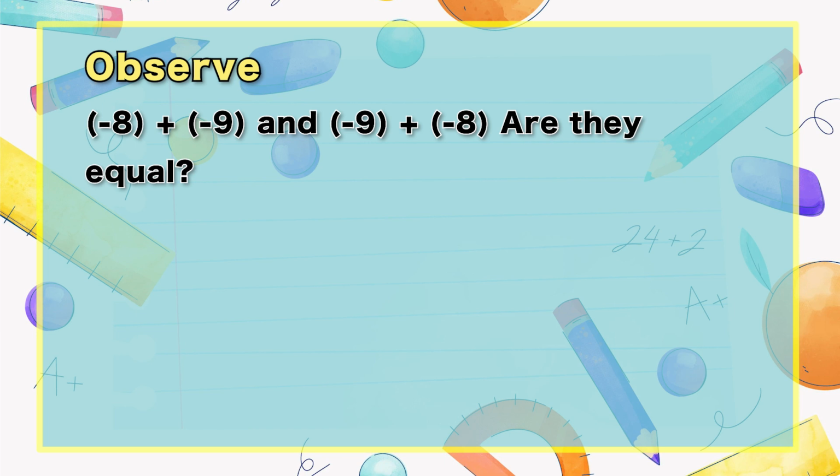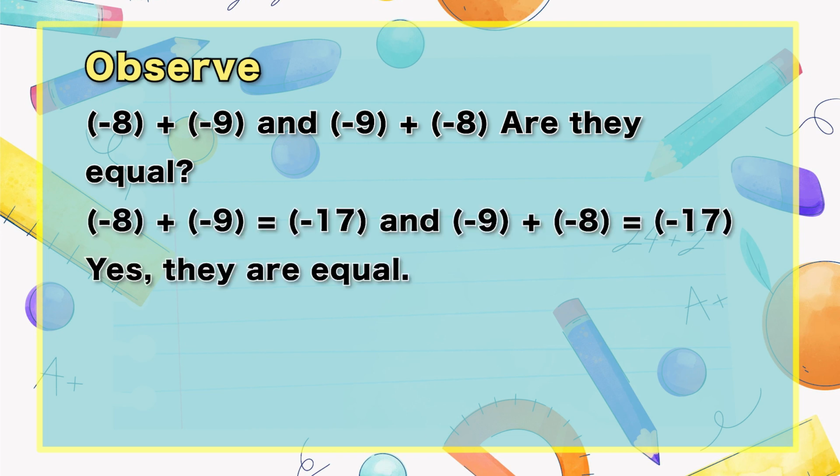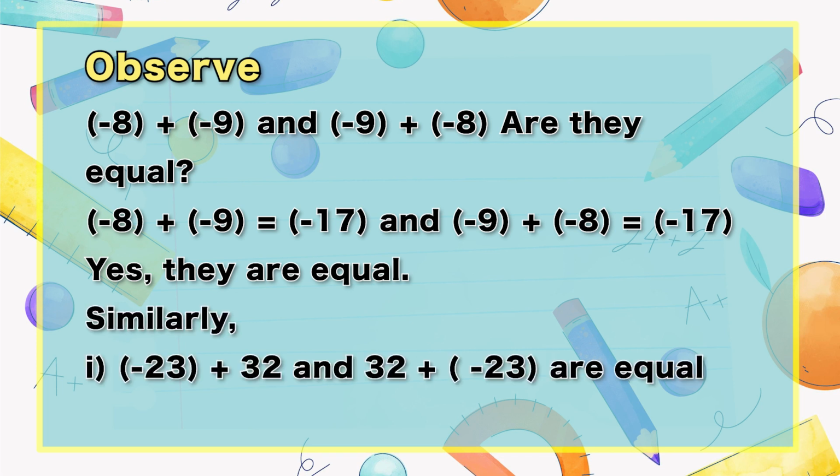Minus 8 plus minus 9 and minus 9 plus minus 8. Are they equal? Yes, they are equal because minus 8 plus minus 9 is minus 17, and minus 9 plus minus 8 is also minus 17. Hence, both give us the same result as minus 17.